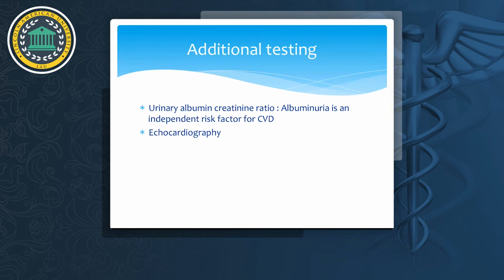So you have to make sure that you evaluate any target organ damage. Albuminuria is a very simple test of having urine analysis done and checking the urine for albumin. If you find albumin there, that means the kidney has already been impacted by high blood pressure, and you have evidence of target organ damage, and you need to treat it.